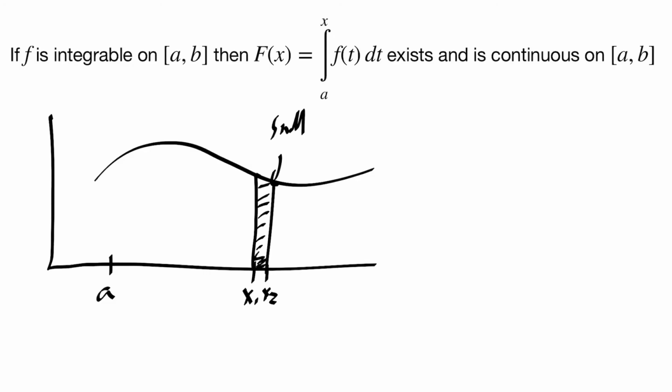That area right there is really small, and we can let that area be small enough so that when these two are within delta of each other, this area is less than epsilon. And so that's kind of the big idea of making it continuous.